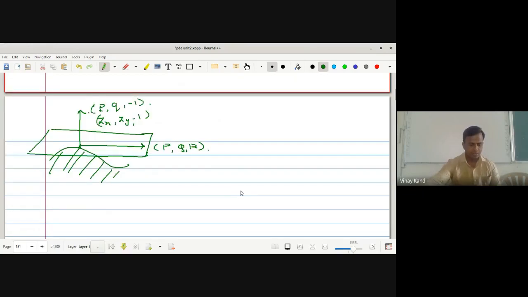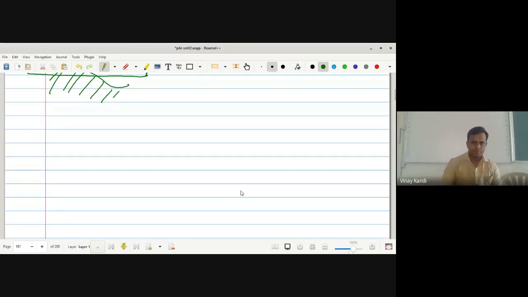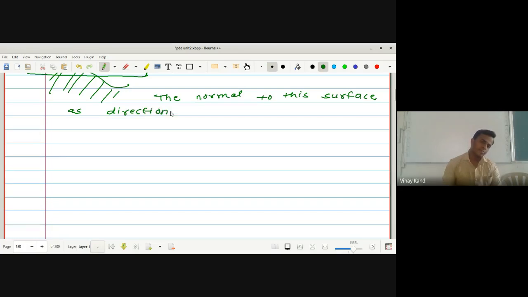The normal to the surface z is a function of x, y has direction ratios zx, zy, minus 1, so this vector is normal to PQR. Give it as statement number 2.